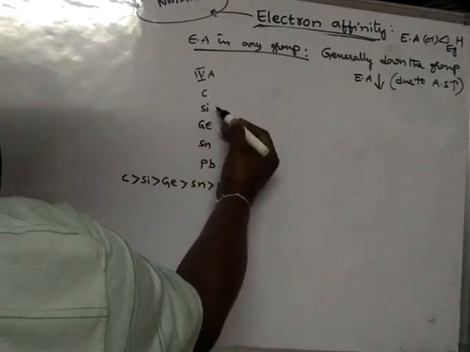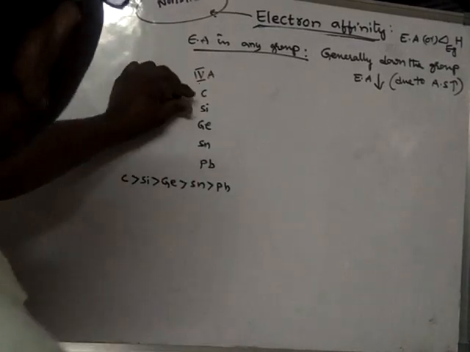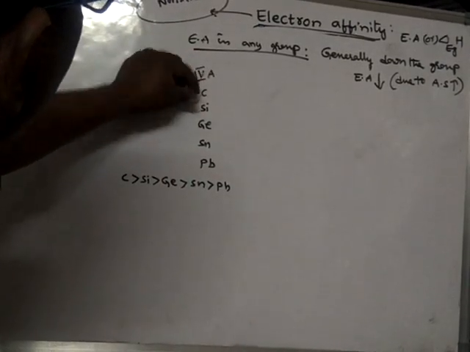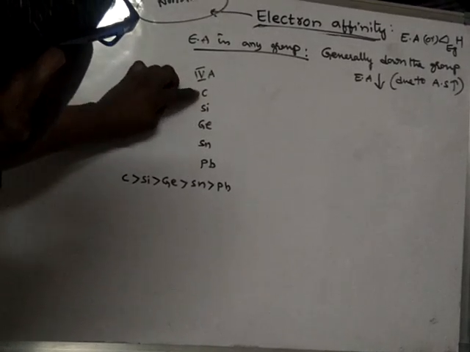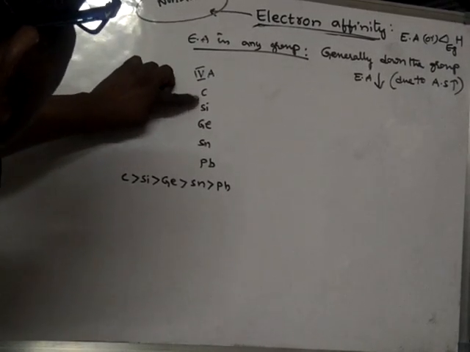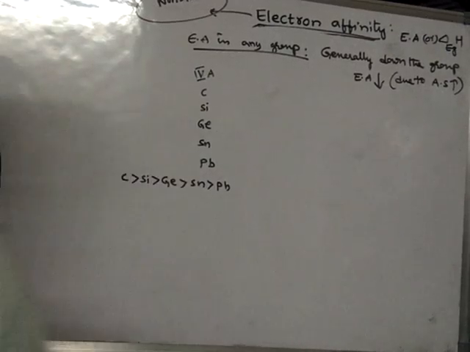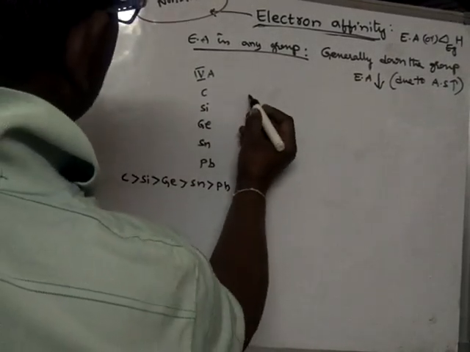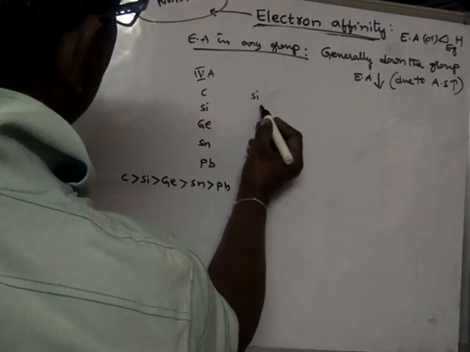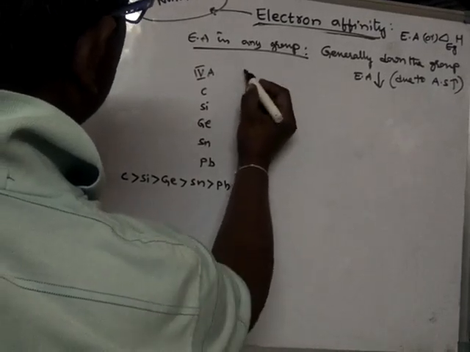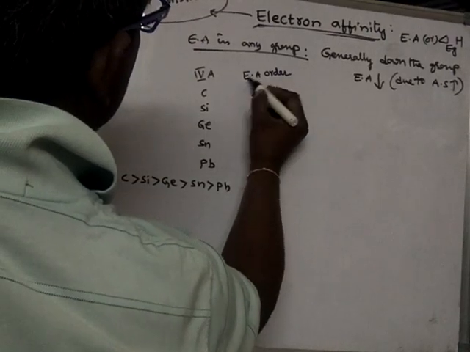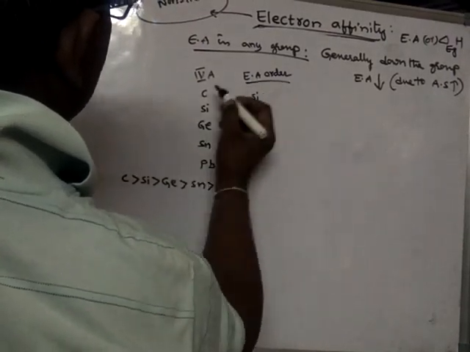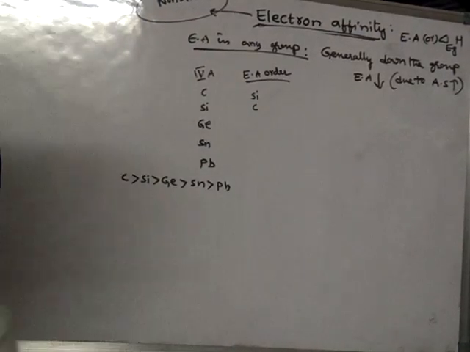So actually there is an exchange of these elements, between the element belonging to the second period and the third period element. So the actual electron affinity order will be like this. Okay, so this is the actual thing.